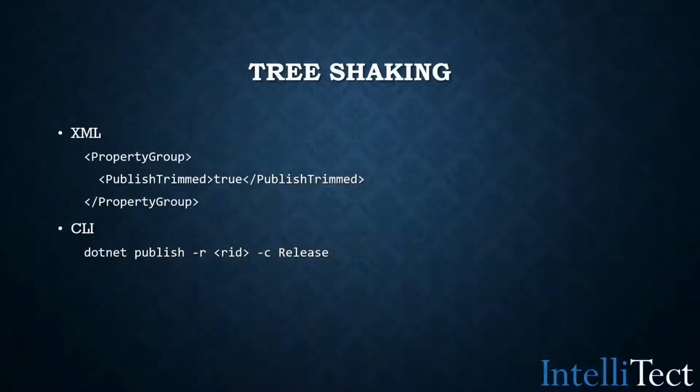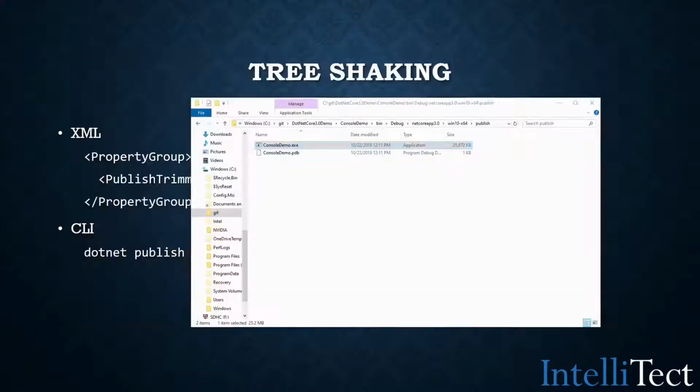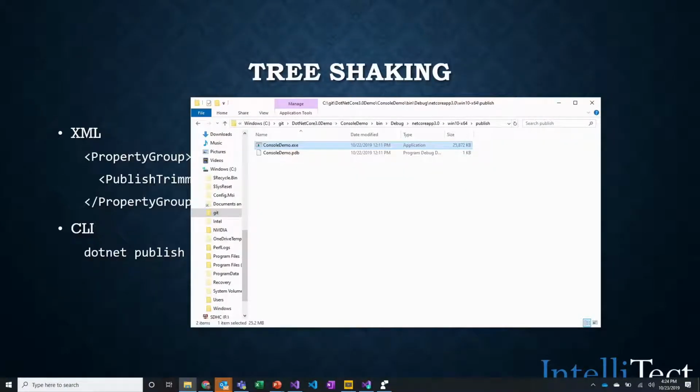And so what this will do is it will go through and shake out all the stuff that I don't need for my specific application. It'll go through and say, what are all the dependencies, and then get rid of all those dependencies inside of that executable so that my executable can be as small as possible, which in my case is a whopping 25 megabytes. But this is a full-featured application.